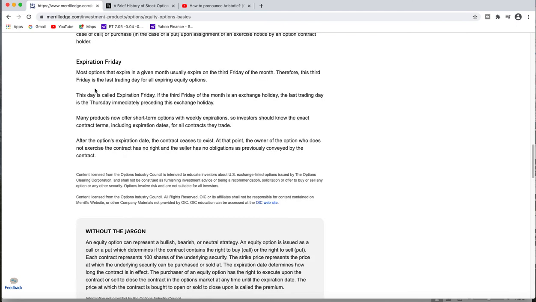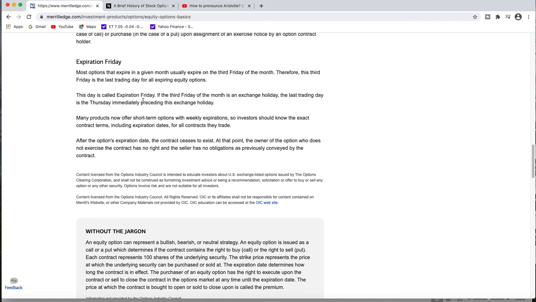Okay, now they talk about expiration Friday. Most options that expire in a given month usually expire on the third Friday of the month. So if there's only one option in a month, it's called a monthly option. It's normally done on the third Friday of the month. Therefore, the third Friday is the last trading day of all expiring equity options.